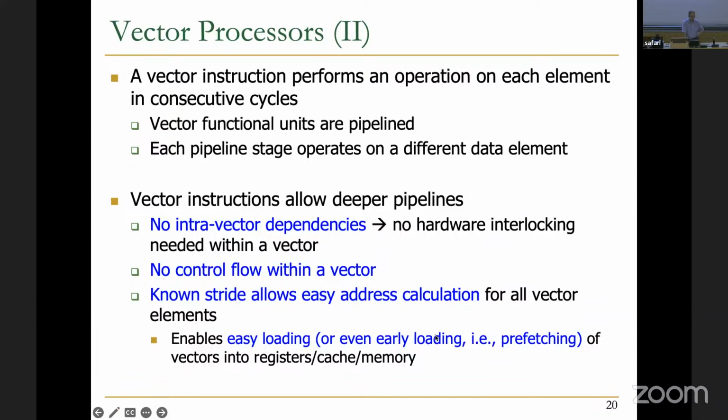You can load much before the moment that you need it, which we call prefetching, which we're going to cover on May 30, I guess. But that's why we can use deep pipelines for vector processors.